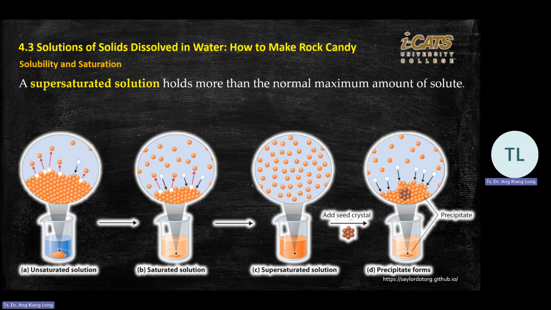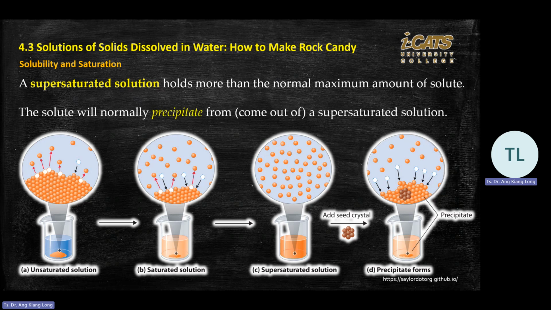Supersaturated solutions hold more than the normal maximum amount. This is a definition: a supersaturated solution holds more than the normal maximum amount of solute, and you will see solute will normally precipitate from the supersaturated solution.